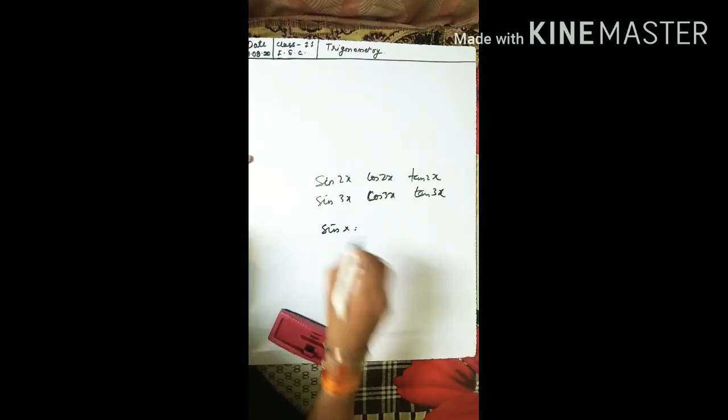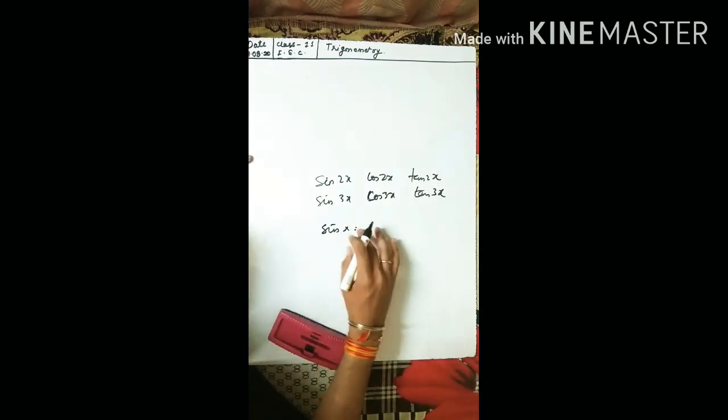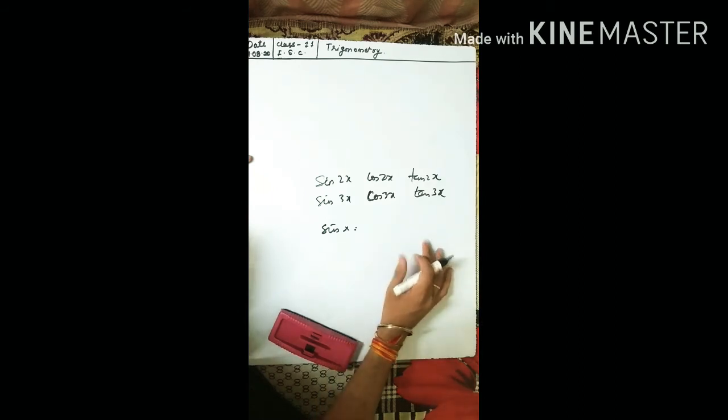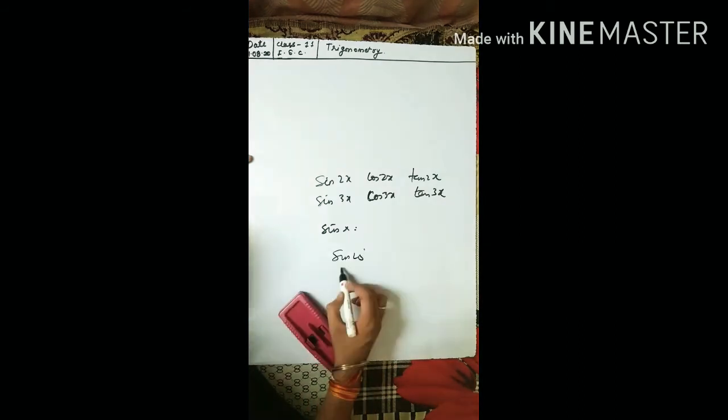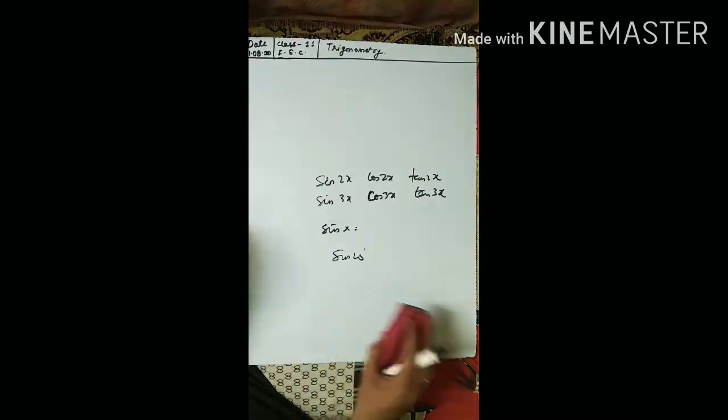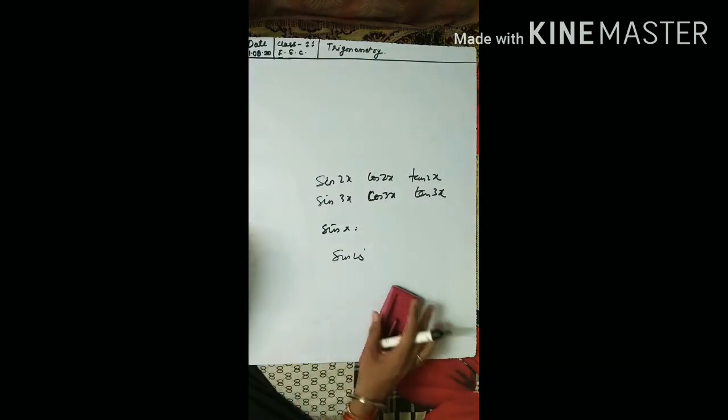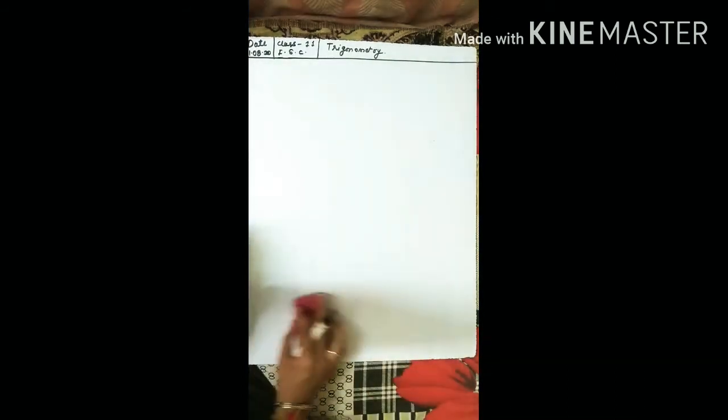Sin x is 2 sin x by 2 cos x by 2, and similarly for cos and tan. And we have seen sin 18 degree and cos 36, cos 18, sin 36 also. So let us do the questions on the same.